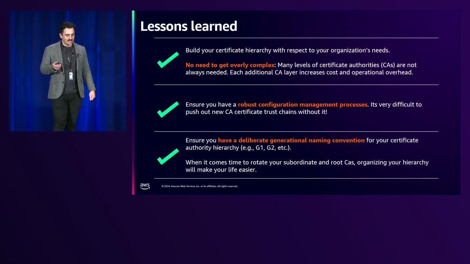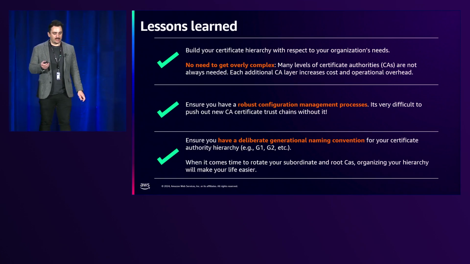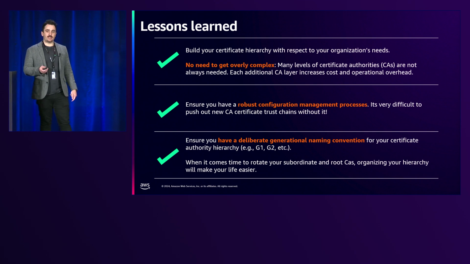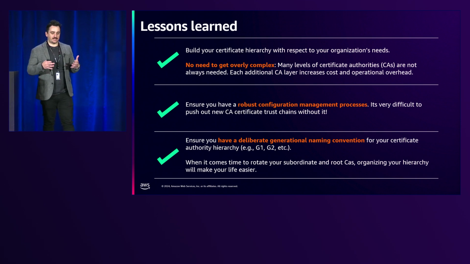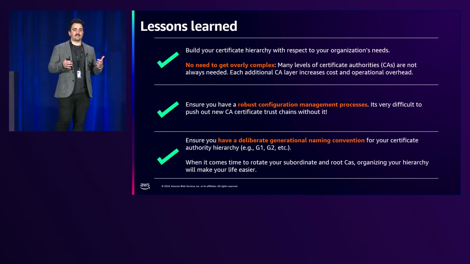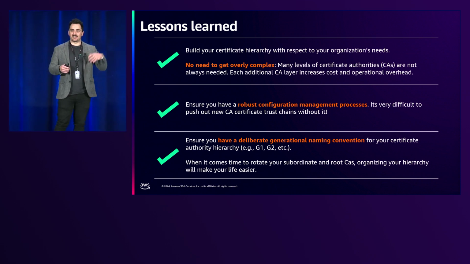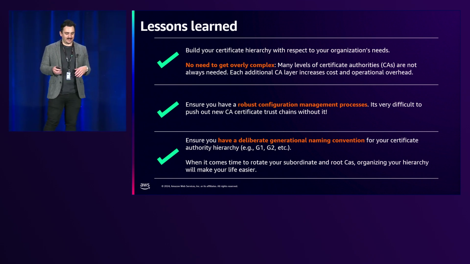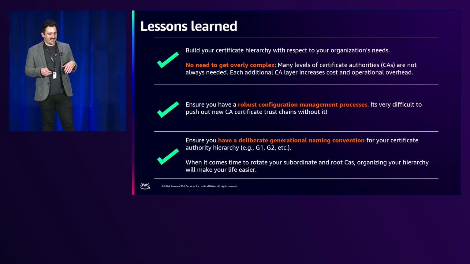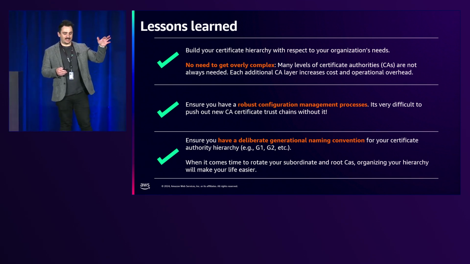And lastly, and this is one that's maybe not super obvious, but in my experience, it's great to have a deliberate generational naming convention. As those CA certificates end up expiring, maybe you won't be there at that time, because it's 25 years or 15 or longer amounts of time, but it will definitely help those engineers later on.